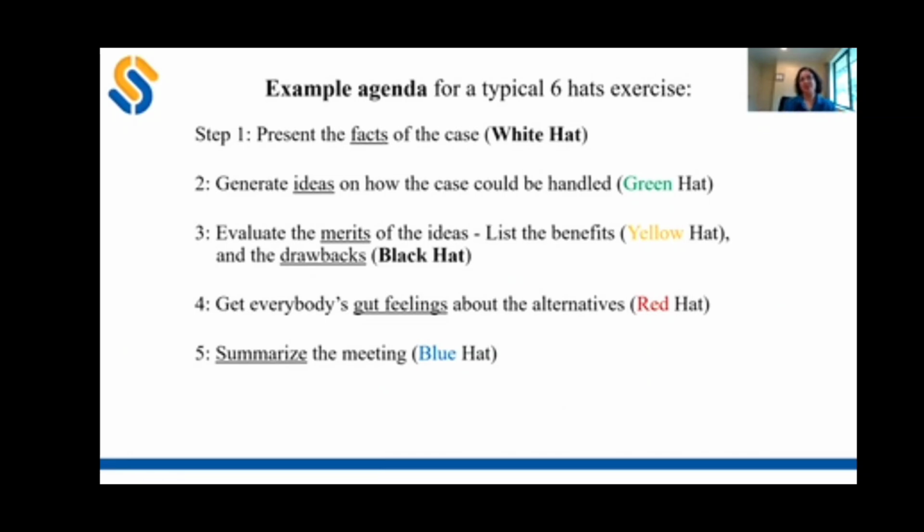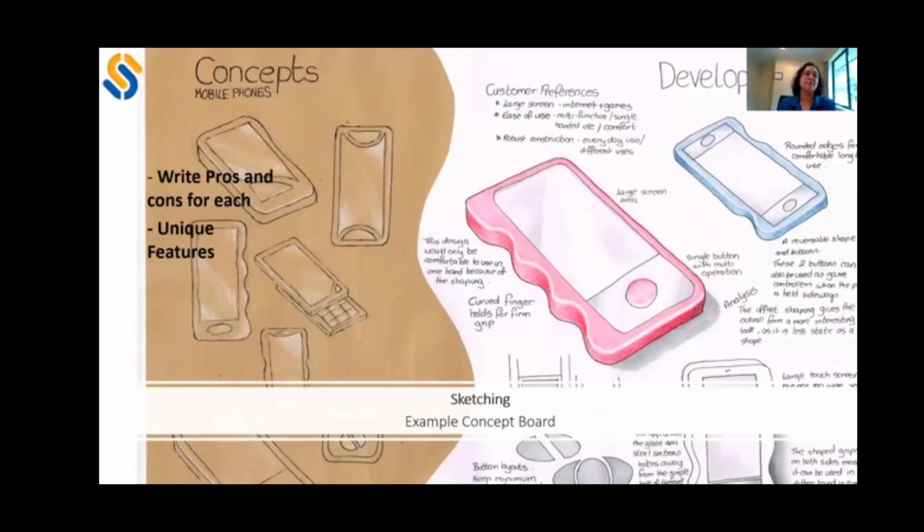So this is an example of how you would use it in different stages of the project, starting with white hat, going to green, yellow, black, red, your feelings, and then finally the blue hat, which is like a summary of the whole meeting. So you can use it in any order that you like, but it's really powerful.